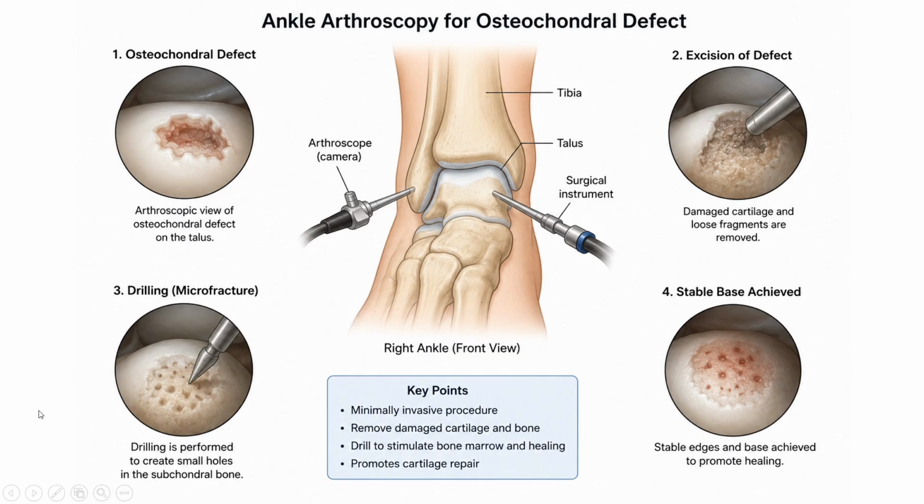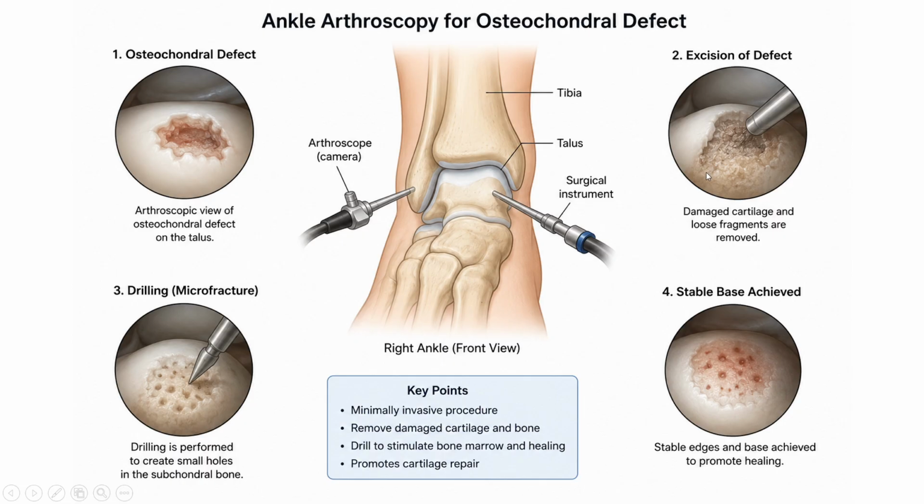Here I have attached a picture of the procedure; it will be easy for you to understand. First the physician will identify the osteochondral defect with the help of the arthroscope. Here you can find the tibia and talus, and he will introduce surgical instruments and identify the osteochondral defect.